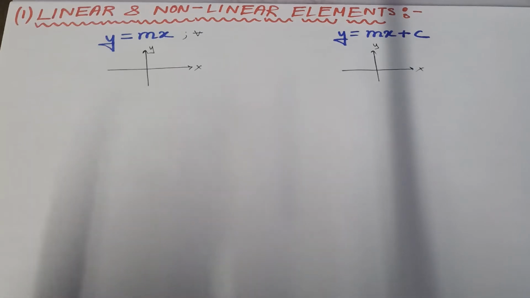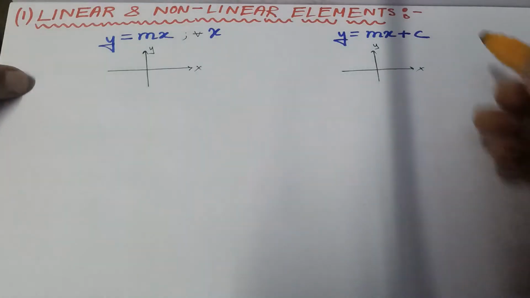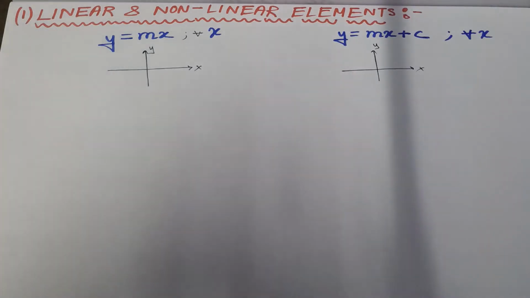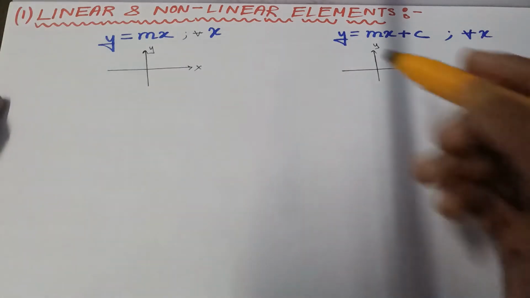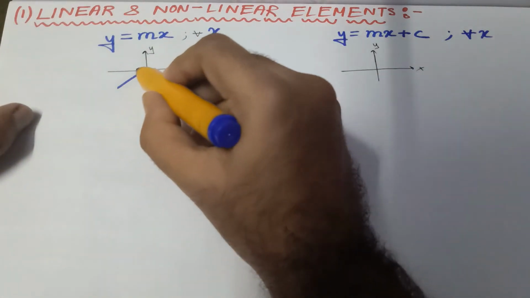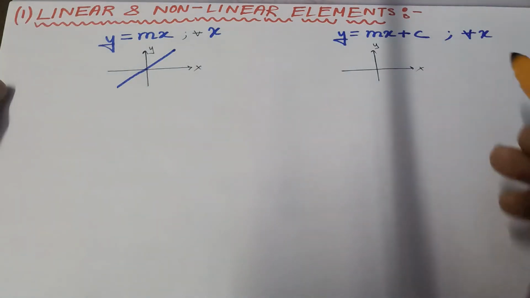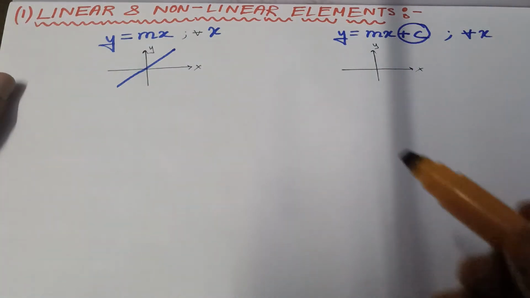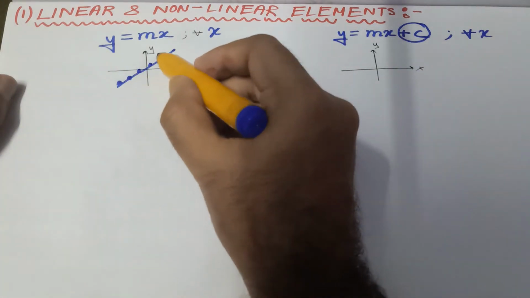Suppose the equation is satisfied for all values of x. That means it is continuous. Now y equals mx means this graph will go through the origin, which is 0 comma 0. But here it is plus c, which means we are adding c to all the points of this line.